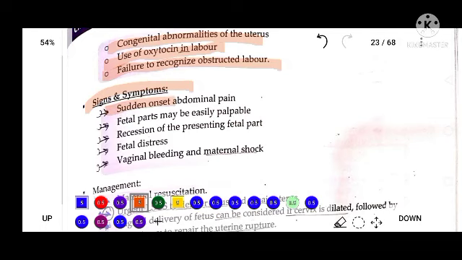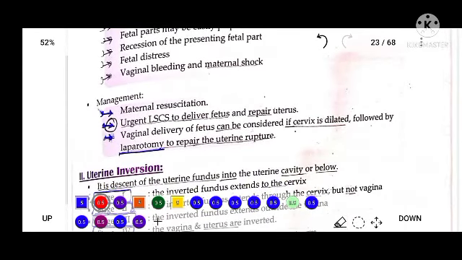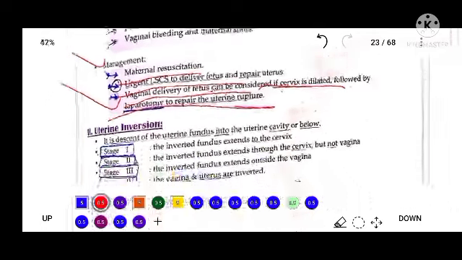Signs and symptoms are sudden onset abdominal pain, loss of the presenting fetal part, fetal distress, and vaginal bleeding with maternal shock. Management is maternal resuscitation and urgent lower segment C-section. Vaginal delivery can be done if the cervix is dilated, followed by laparotomy to repair the uterine rupture.